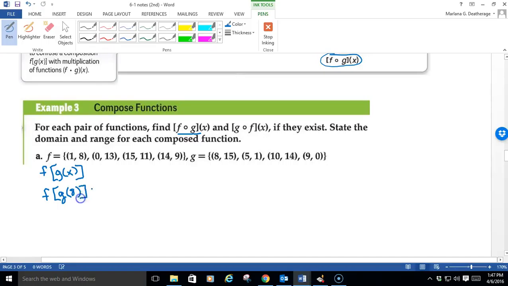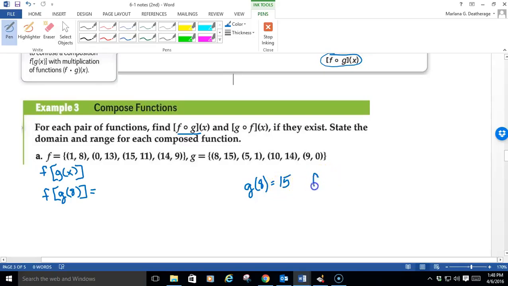Now, you can go out to the side so you can see this step by step, but once you get the hang of it, you won't need to do this anymore. Alright, so first thing we want to do is the inside part. We want to find g of 8. What's g of 8? 15? So now we want to take the result and make that the x value in our f function.